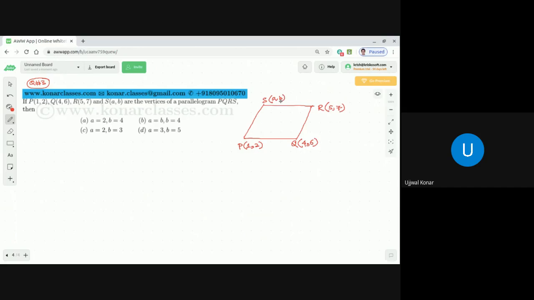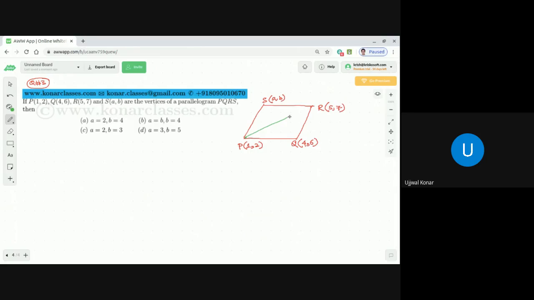The convention, dear students, is to always follow a counterclockwise way of naming the vertices of any geometrical object. So I started with P, then went to Q, then R, then S, like this. Now there are two diagonals. So let me draw the diagonals in different colors.